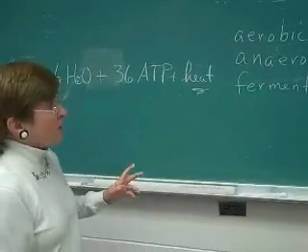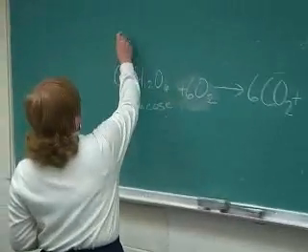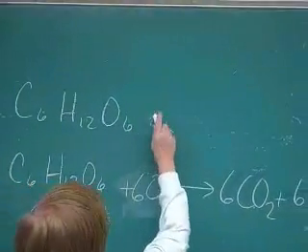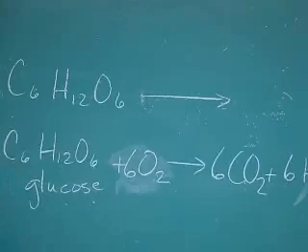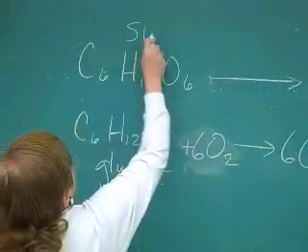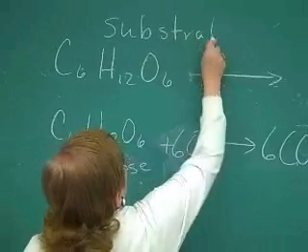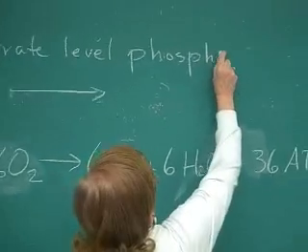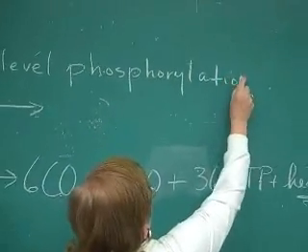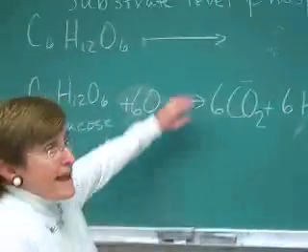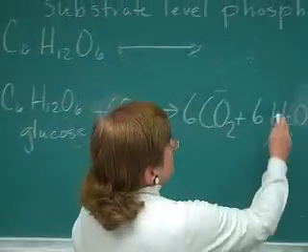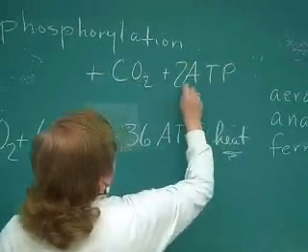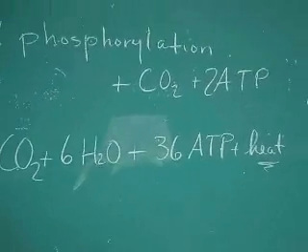Fermentative processes break down glucose usually by what we call substrate level phosphorylation, and these make some ATP, but only very small amounts, usually only 2 ATPs.